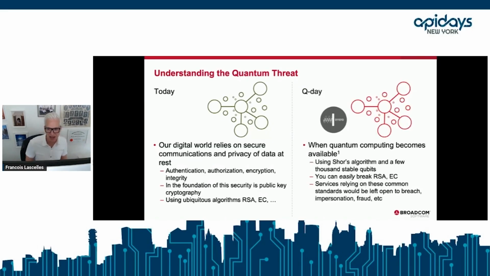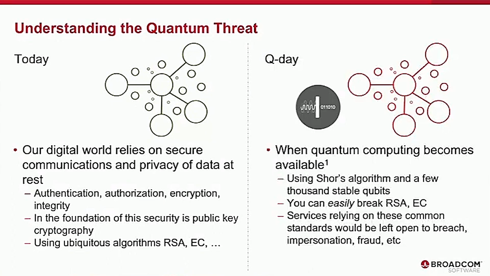On Q-Day, and we'll get back to exactly when Q-Day is, well, it won't be exact, but you'll see what I mean, when a quantum computer becomes available, this new algorithm by Shor shows how, with a few thousand qubits, a sufficiently powerful quantum computer can really easily break RSA and elliptic curve.